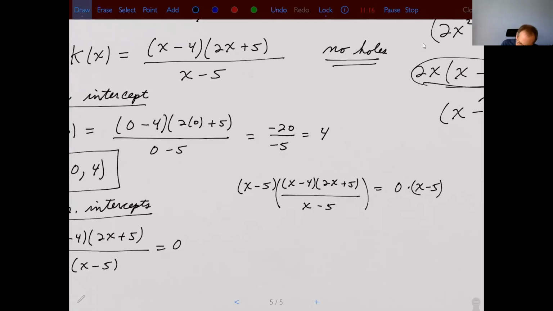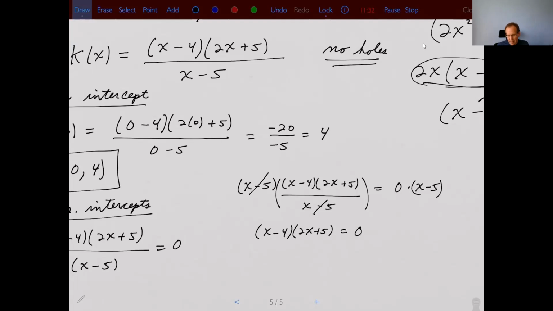Well, the x minus 5s cancel on the left-hand side, right? And I just get x minus 4 times 2x plus 5 equals, and then 0 times x minus 5, well, 0 times anything is 0.